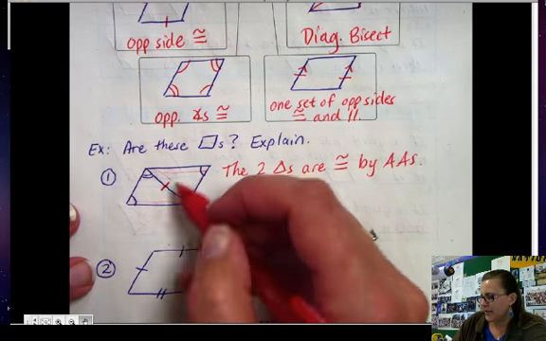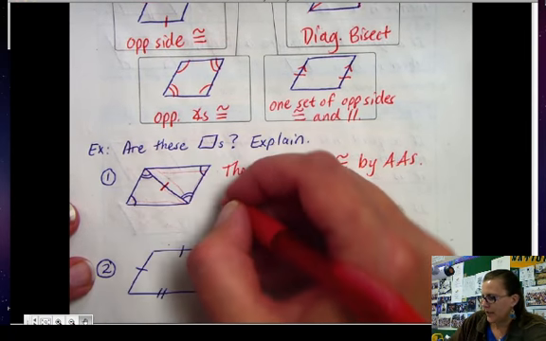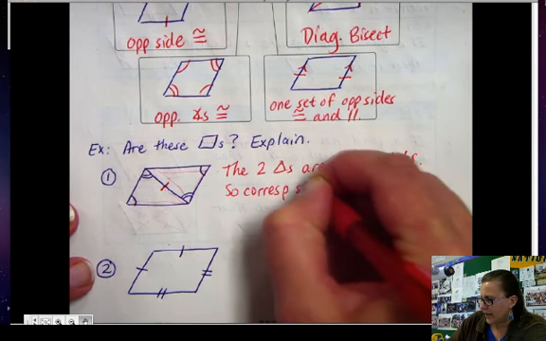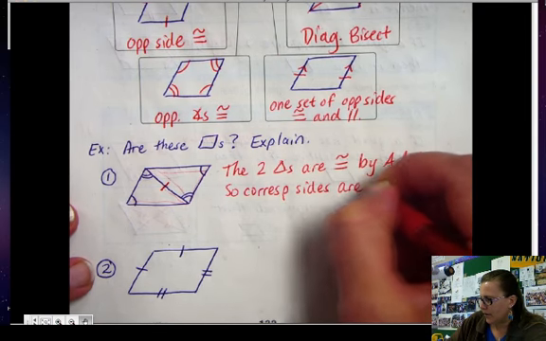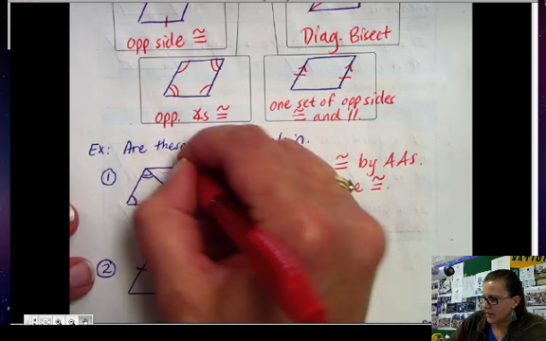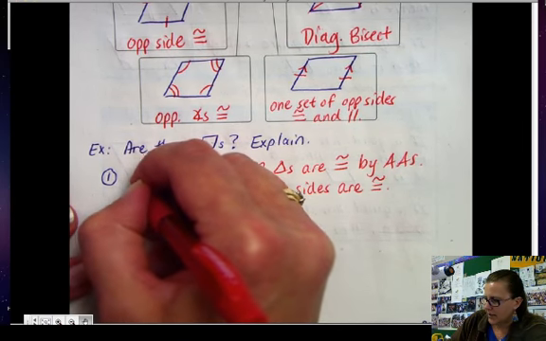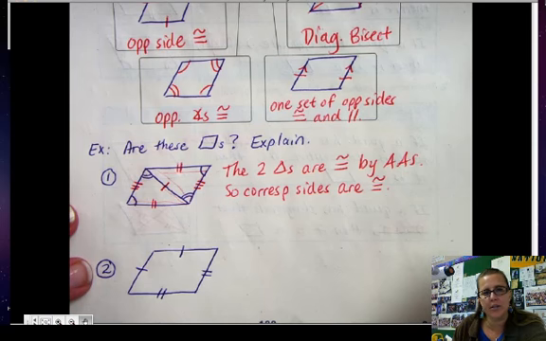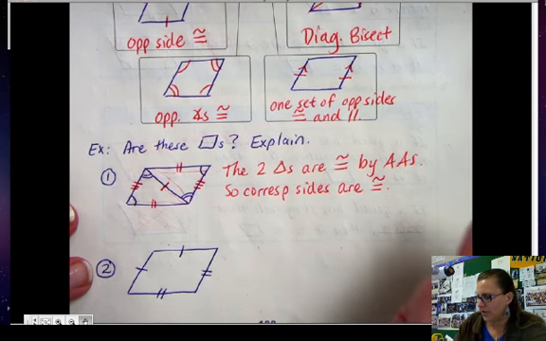opposite sides are corresponding. So corresponding sides are congruent, which means that this is congruent to this, and this is congruent to this. Because if they're congruent triangles, then all the corresponding angles are congruent and all the corresponding sides are congruent.